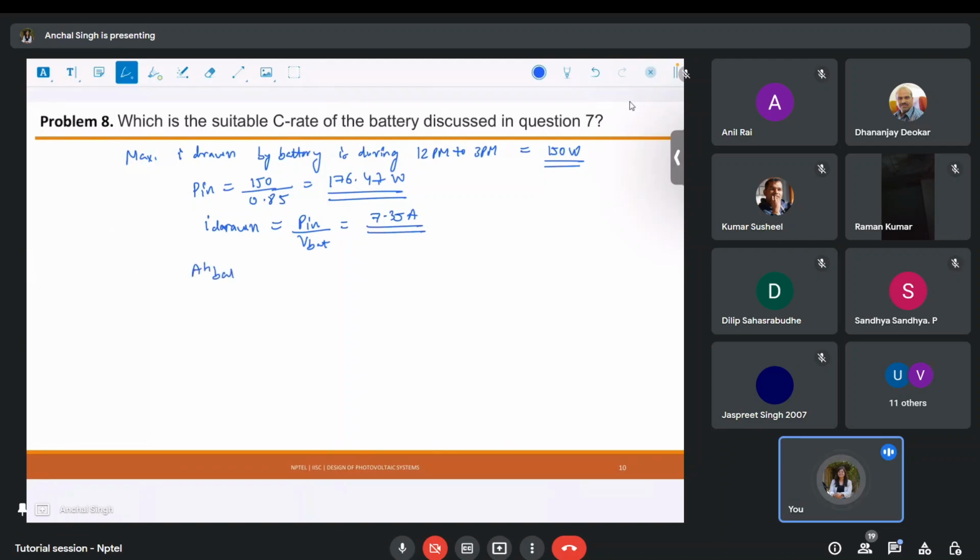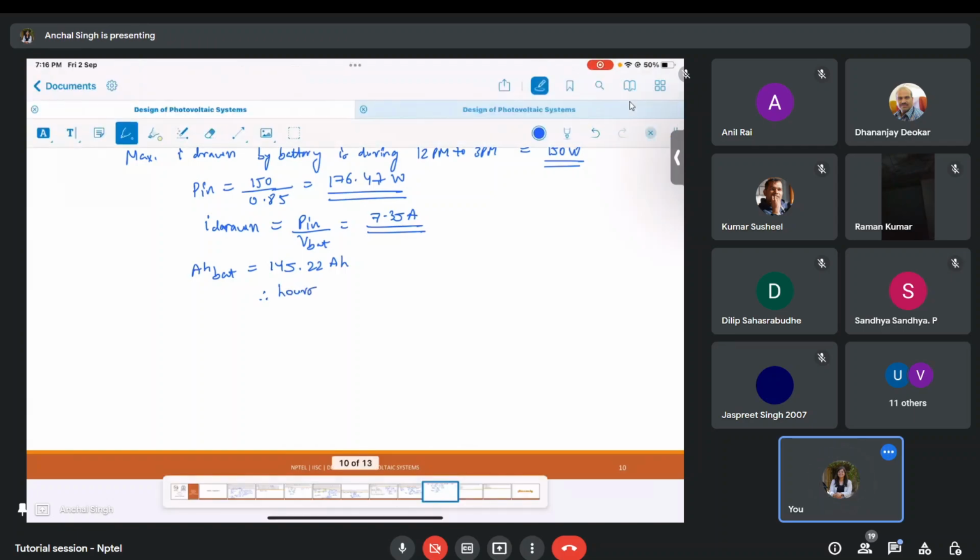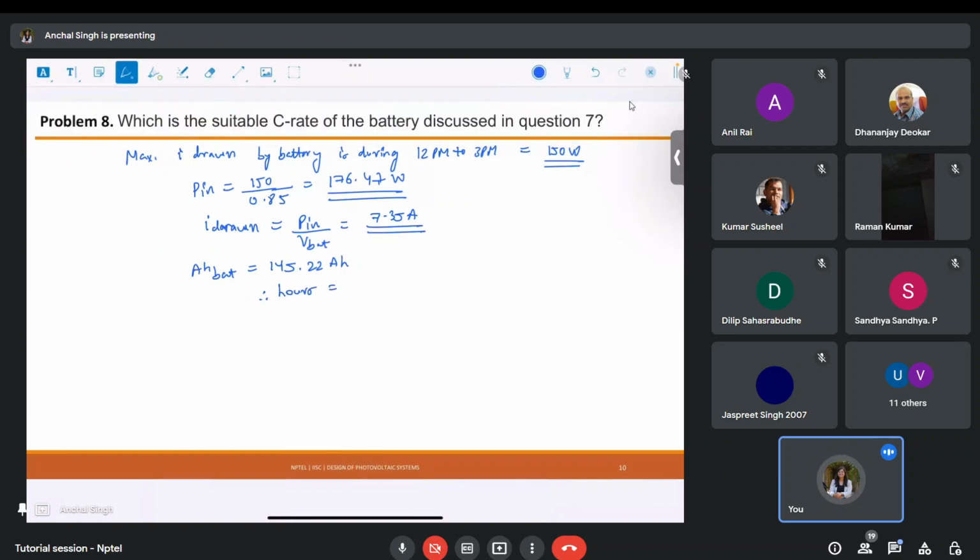Now the ampere hour of the battery, we just calculated in the previous question as 145.22 ampere hours. Therefore, from this we can calculate the hours that my battery can last with this ampere hour capacity.